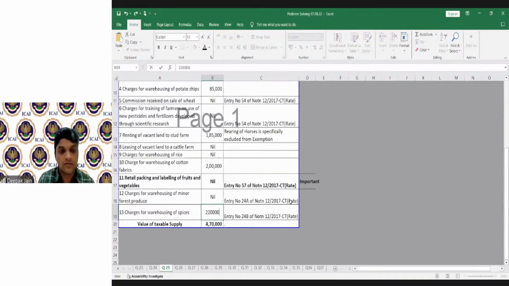2,20,000 is taxable. Entry number 24B. Let me just cross check this notification as well.